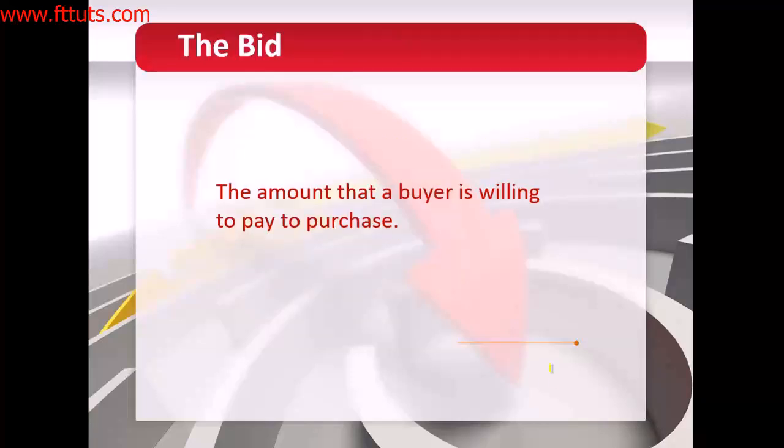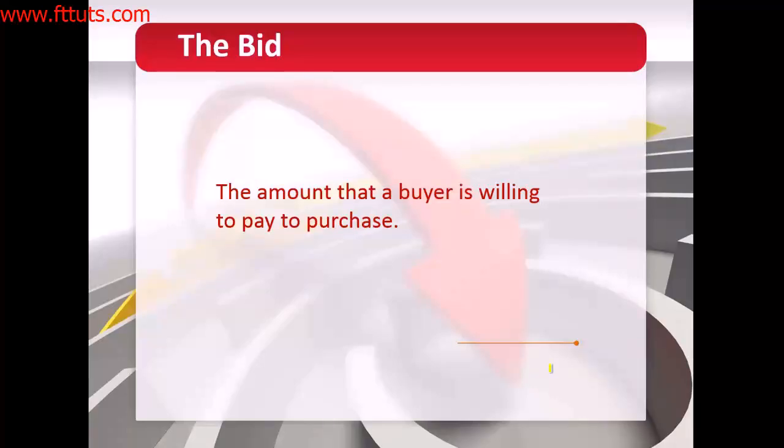All right, so back again to the very first element that I said we would talk about and introduce, the bid and the ask. Let's talk about the bid. What is a bid price? Well, a bid is the amount that a buyer is willing to pay to purchase something.